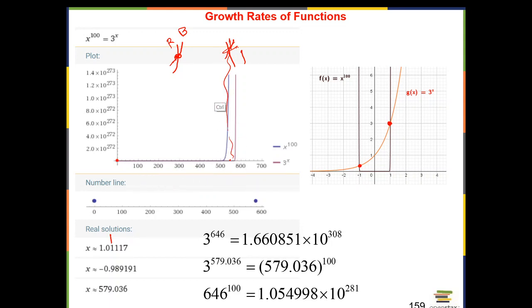We don't have the y value for the blue one, and for the red one we don't have the y value at 579, because it's way over there. So we know that 3^x goes even faster than x^100.